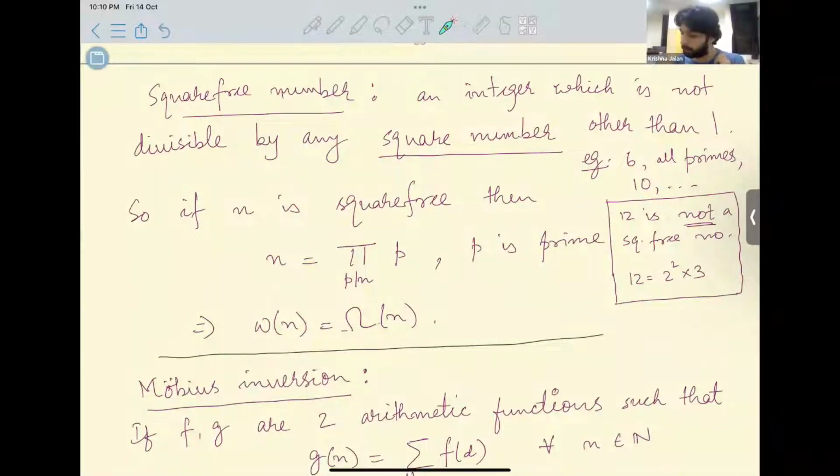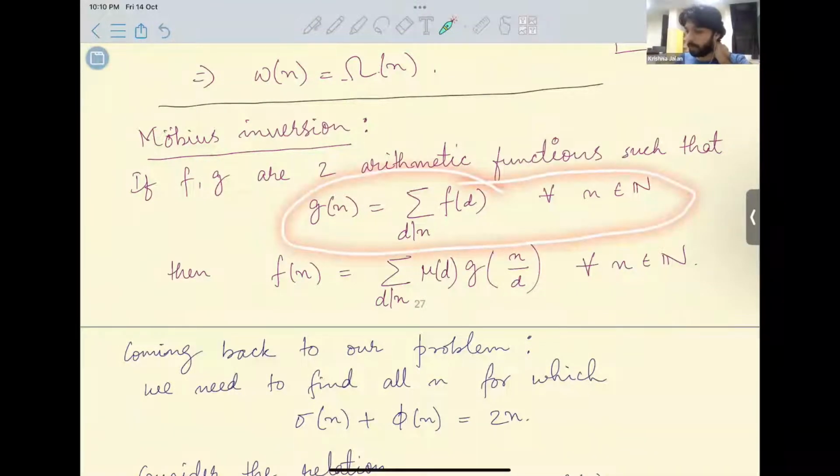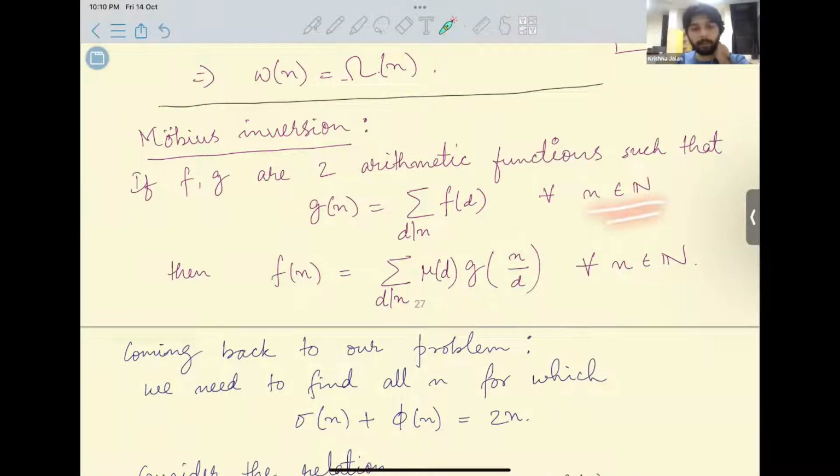I also mentioned something called the Mobius inversion. What is that? f and g are 2 arithmetic functions that are given to me, and they satisfy this property: g of n is the sum over d dividing n of f of d, for all natural numbers n.